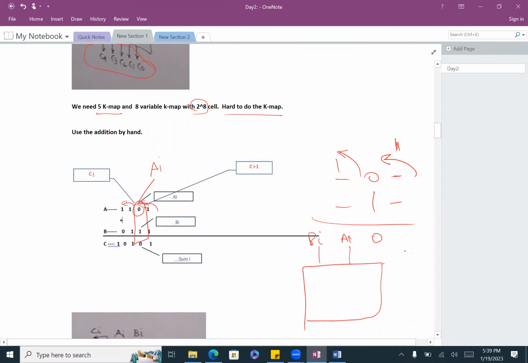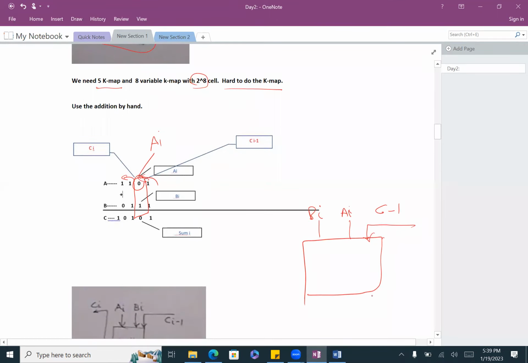Now, what else will you have? You will have a carry, correct? From where? From the previous stage. So how will we write that? We'll say carry I minus 1 from the previous, right? And that's your input, correct? What will your output be? You will have sum I, because that's the stage I, and what else do you have?